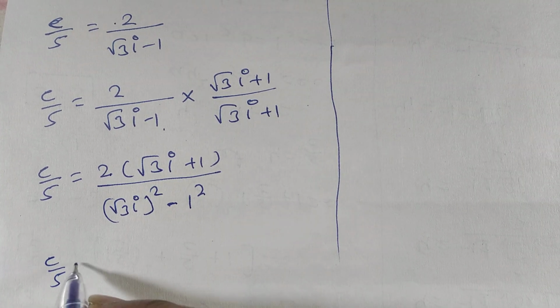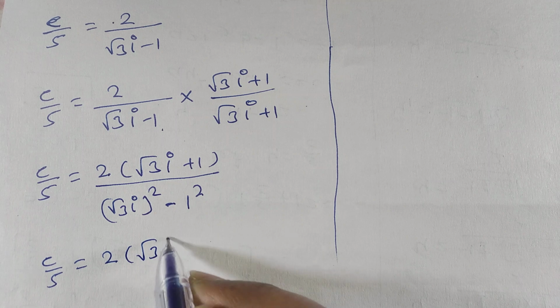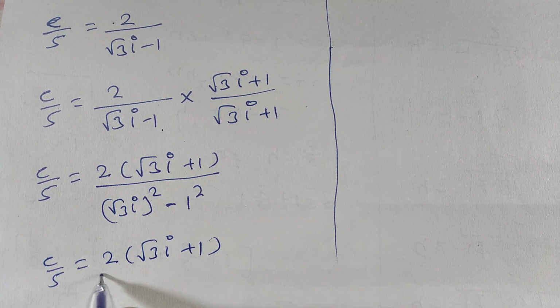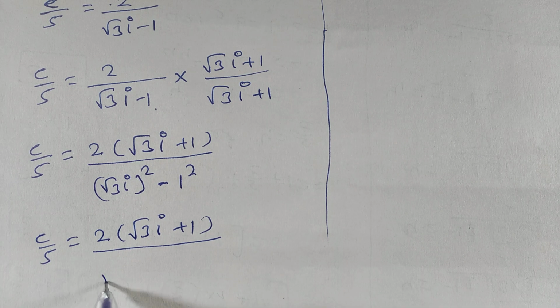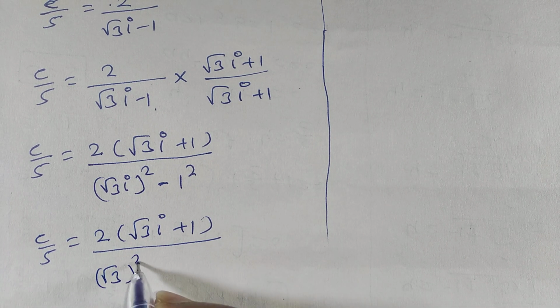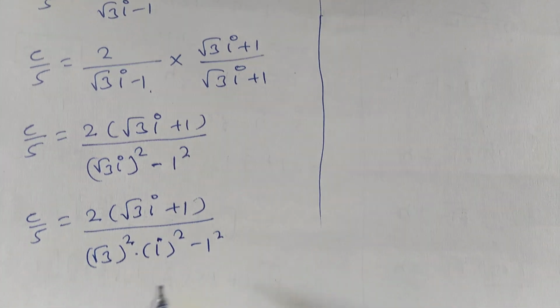C over 5 is equal to 2 times square root of 3 iota plus 1 over this. It can be written as square root of 3 square into iota square minus 1 square.